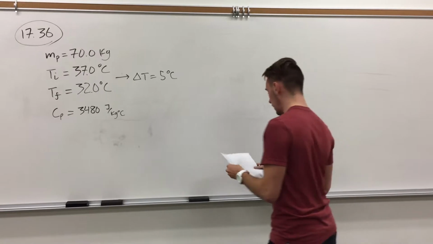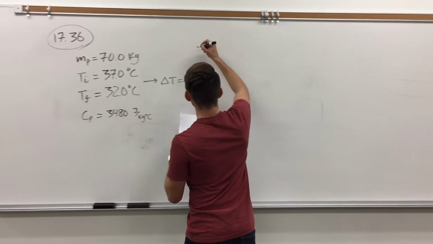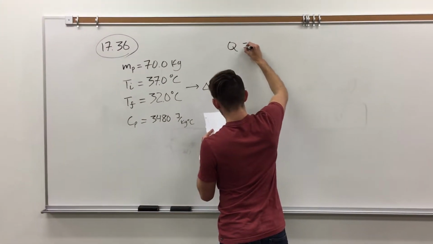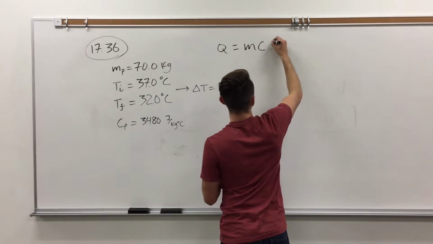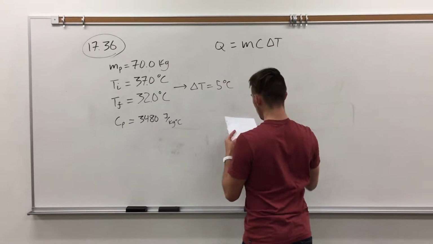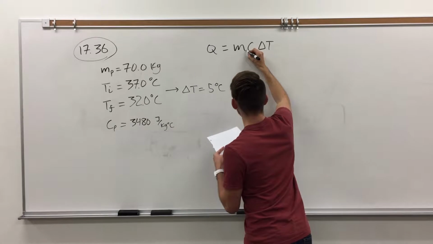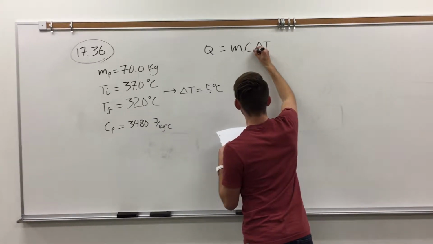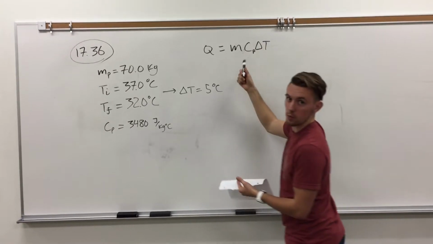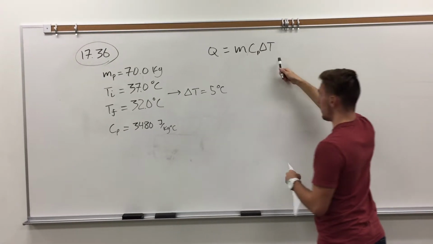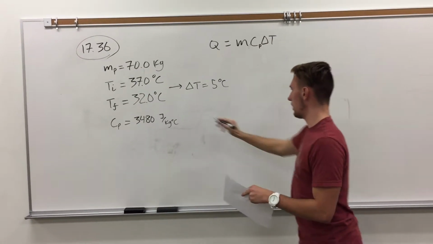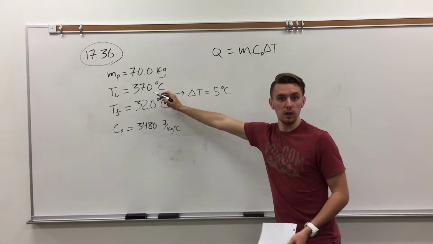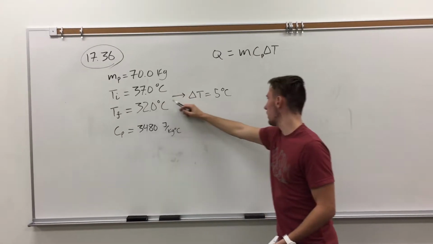So from here we are going to use our handy dandy Q equals mc delta T equation. Our m being the mass of the patient, the c being the specific heat of the human body or the patient, and then our change in temperature, which is derived using the two temperatures that we have.